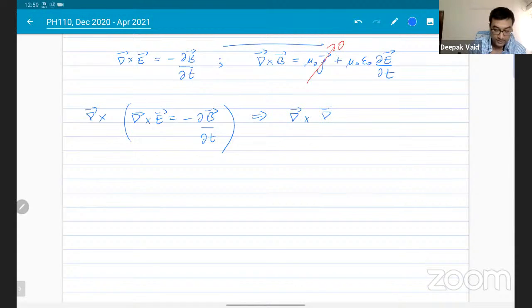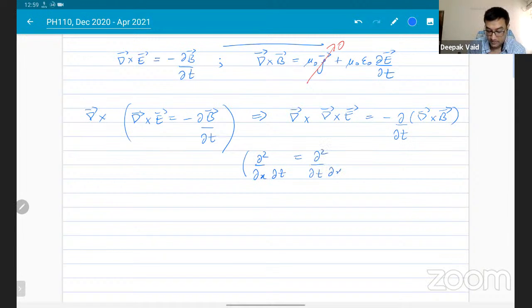So on the left, we get curl of curl of E. On the right, I get d by dt, curl of B. And I explained to you in one of the previous classes that the order of the derivatives can be changed, because if you have something like this, partial derivatives commute, means I can change the order.